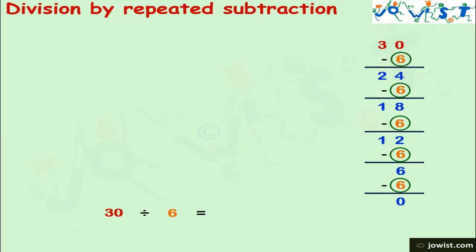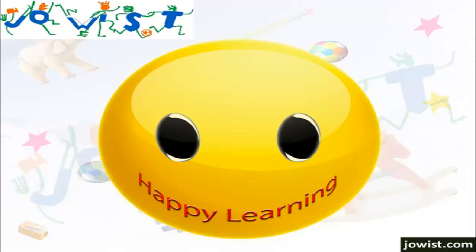Therefore, 30 divided by 6 is 5. Now you have understood the concept of division and its relationship with subtraction and multiplication. Happy learning!